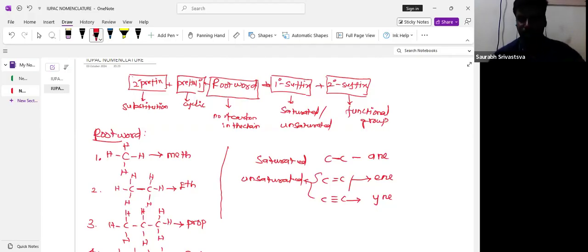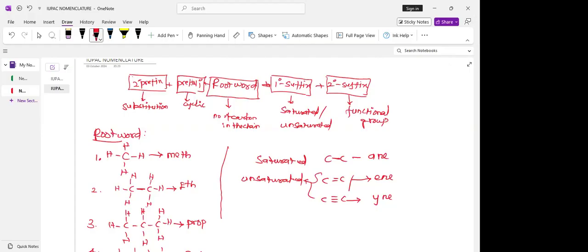Petrol, diesel, kerosene are not suitable for cooking. Plant oils like groundnut oil or coconut oil are unsaturated hydrocarbons. Unsaturated hydrocarbon means there may be a double bond or a triple bond. Correct, sir? Yes, sir.